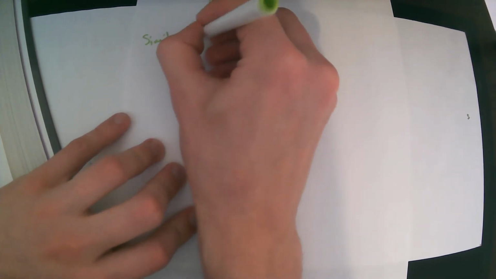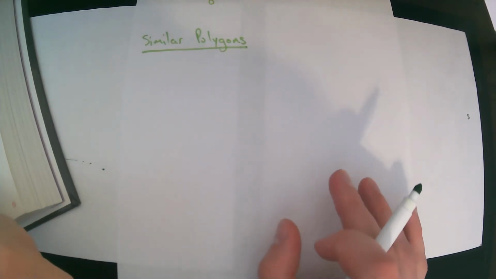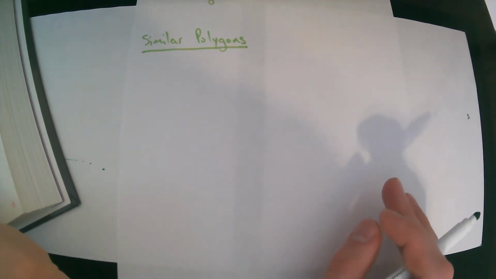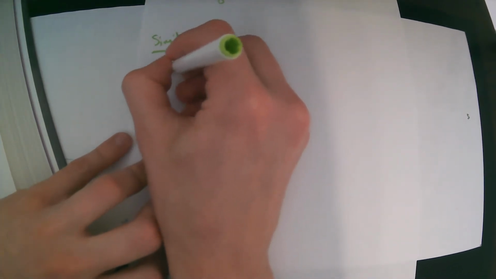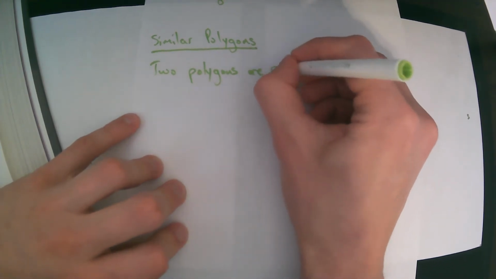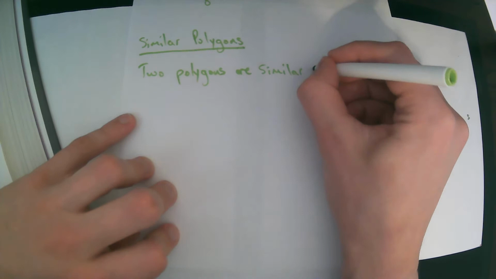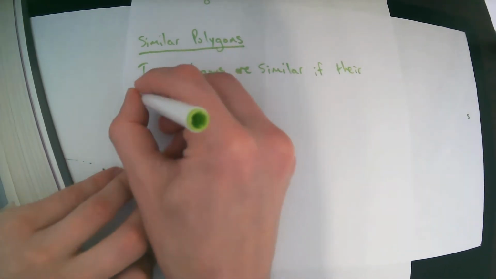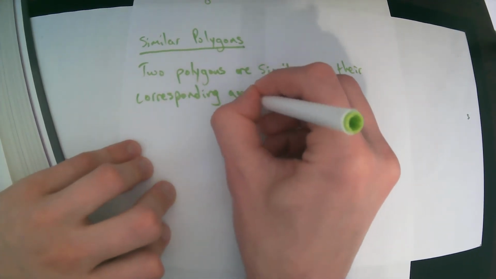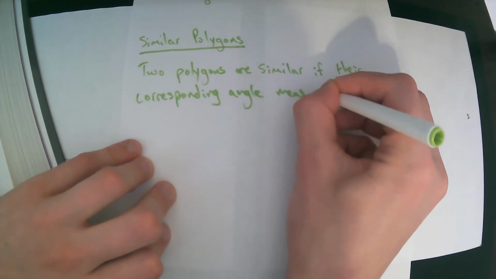So I'm going to change the definition here to similar polygons, because this idea of similar shapes works not just for triangles, but for any polygon. So two polygons are similar if their corresponding angle measures are equal.